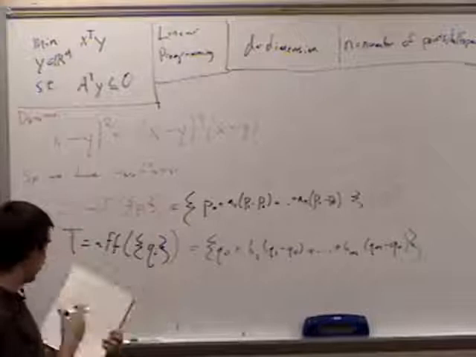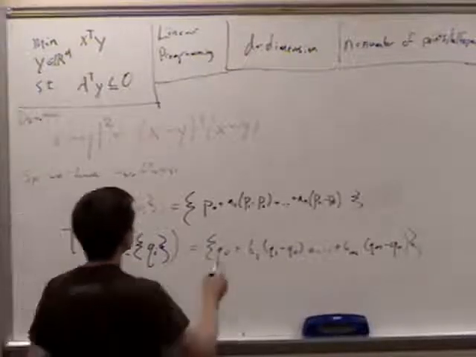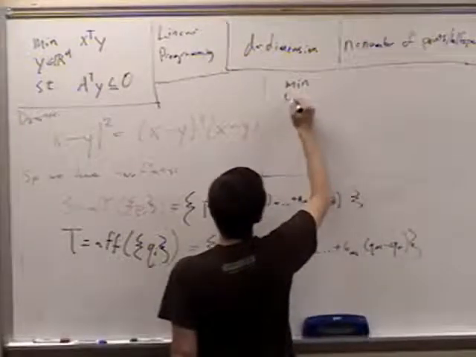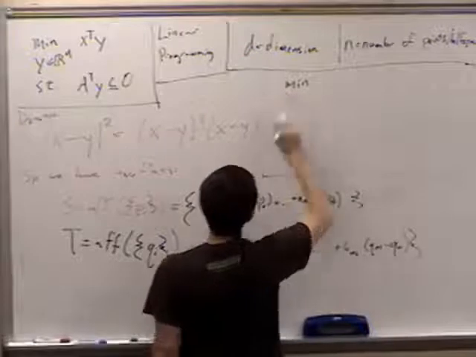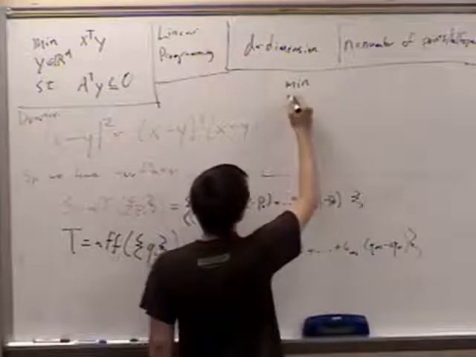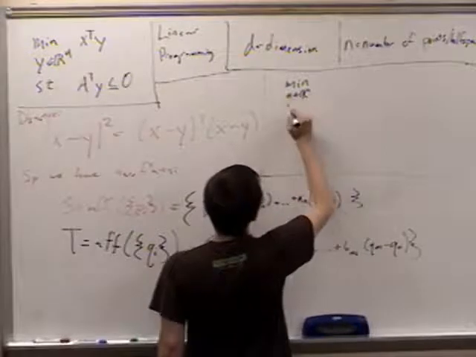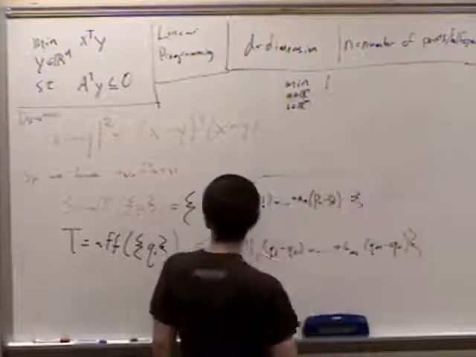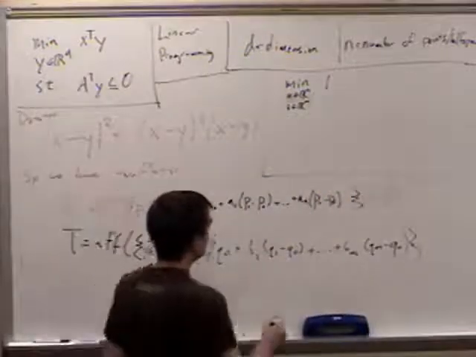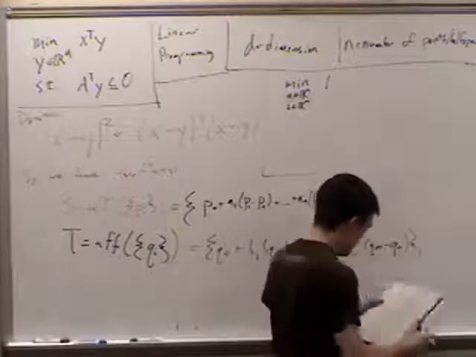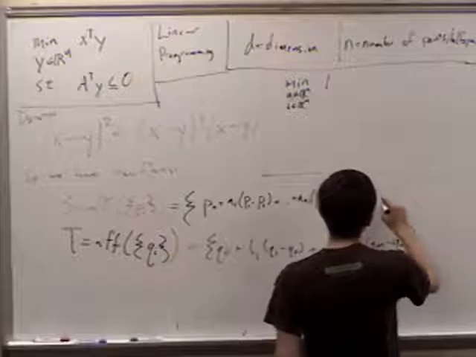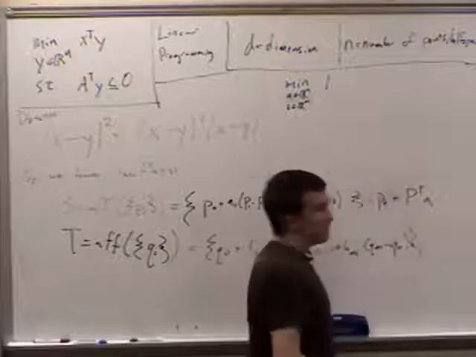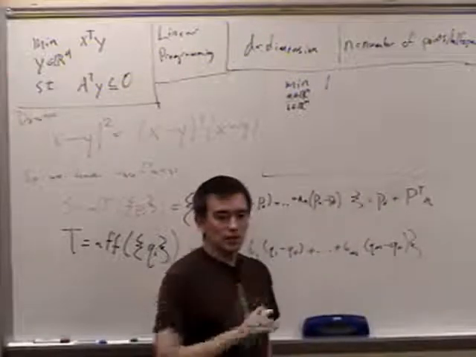So the problem that we want to solve is to compute the min, parameterized in terms of the a's and b's. So we want to compute the min over a in Rn, b in Rm of, let's define a couple of matrices to simplify this a bit. We define this whole thing to be P0 plus P transpose A, where P is a matrix whose columns are the points.